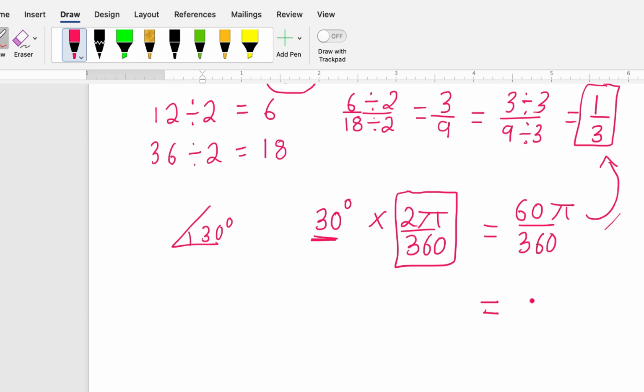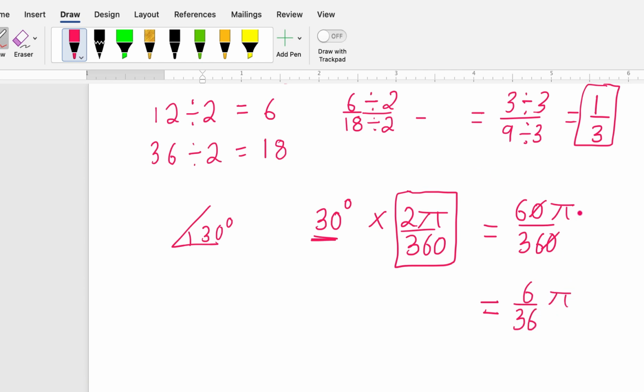So what is 60 divided by 360? First of all, I see that both of these have zeros in the back. Whenever we have a 0 in the back, the easiest thing to do is cancel them or divide both of them by 10. So I get 6 over 36 pi because I divided both of them by 10.